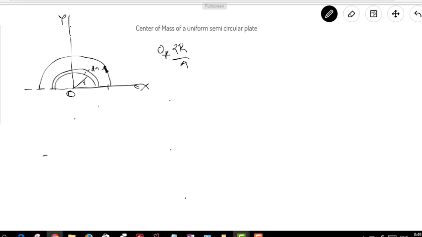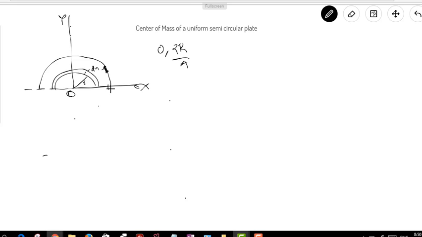So we can replace this with a point mass which is at a distance of 2r by pi along the y-axis, because the x value is 0.